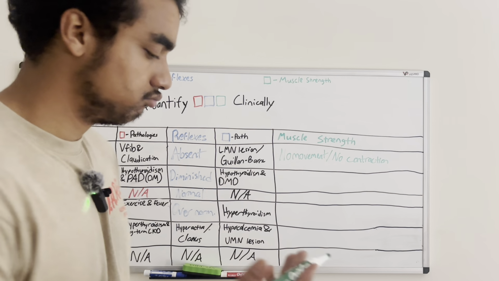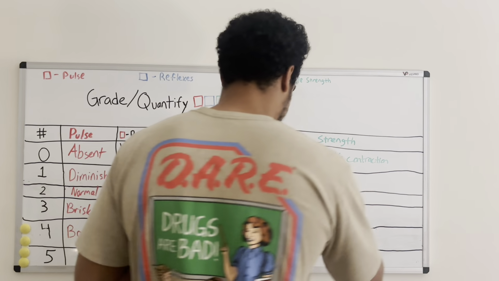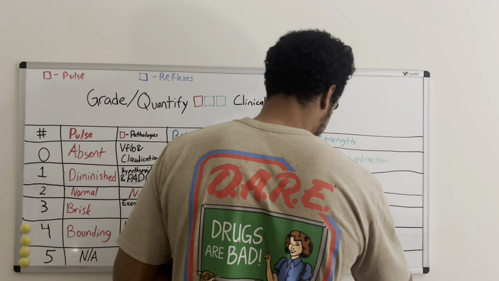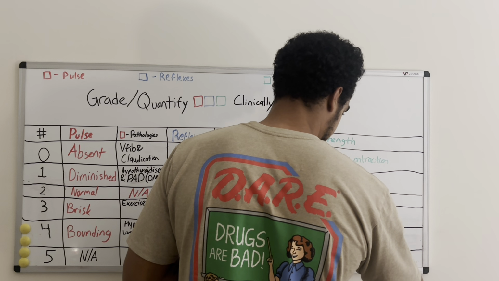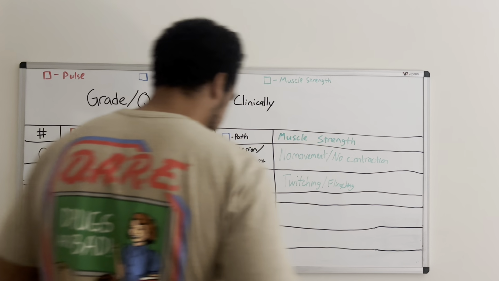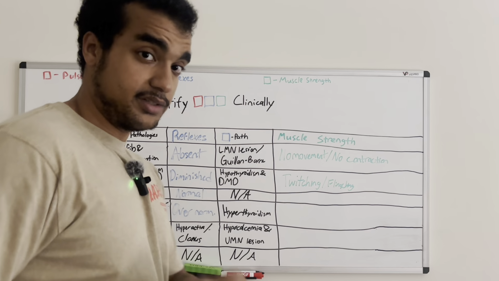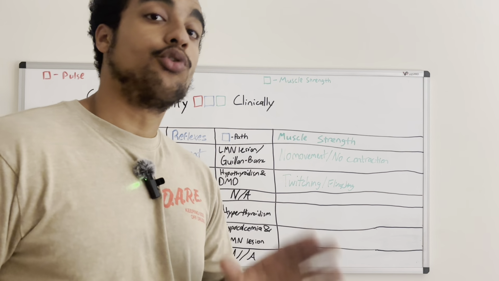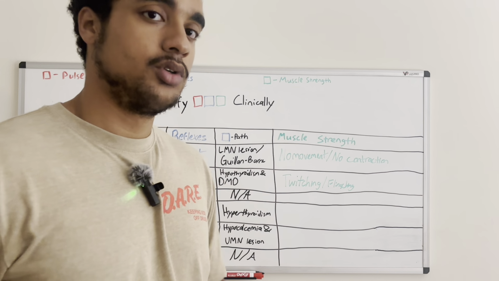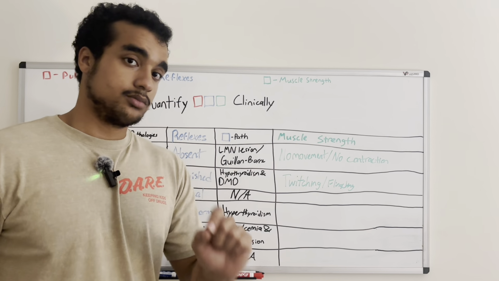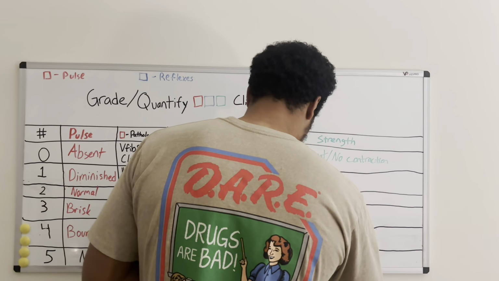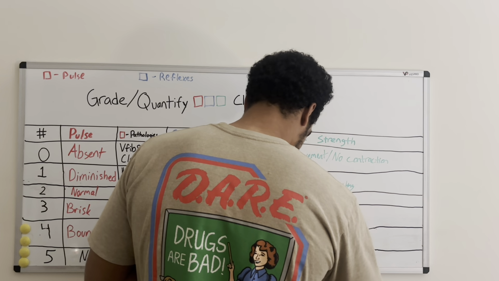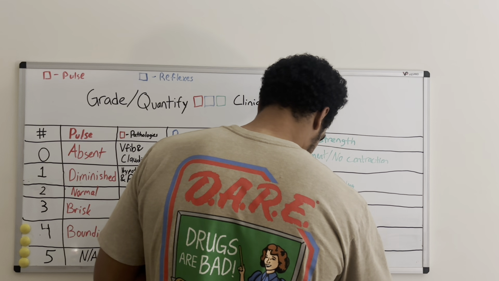Grade 1 is going to be a twitching or a flinching of the muscle. Grade 2 is going to be a full range of motion with that muscle without doing it against gravity. And I'm going to show you guys later exactly what all this stands for.